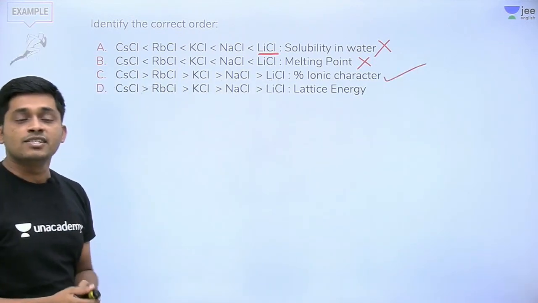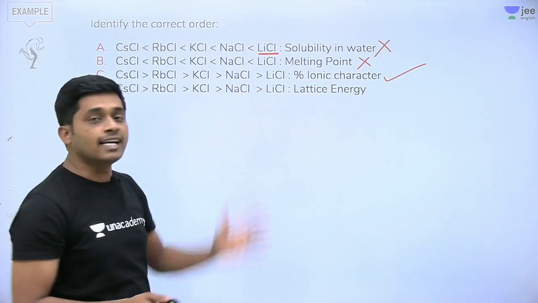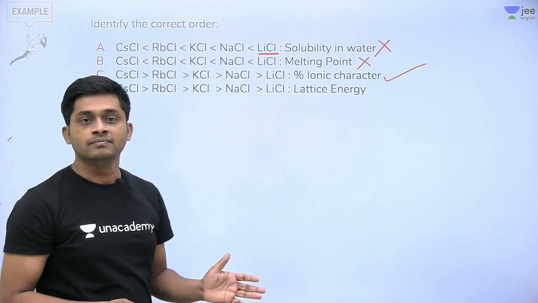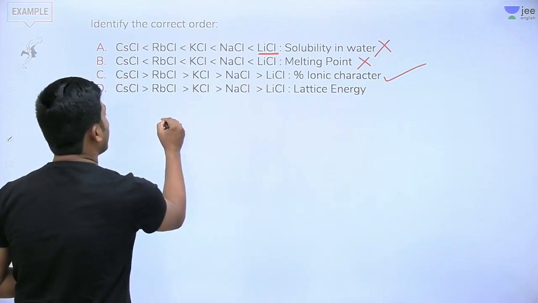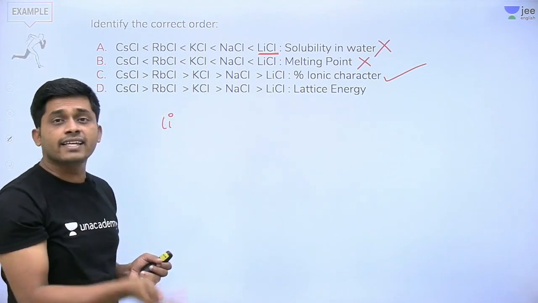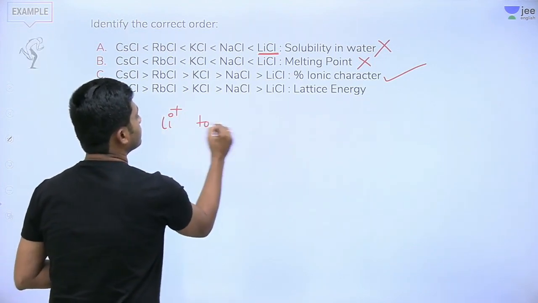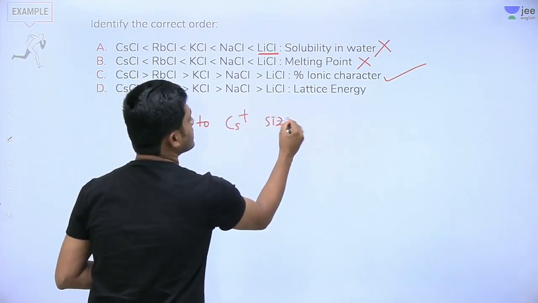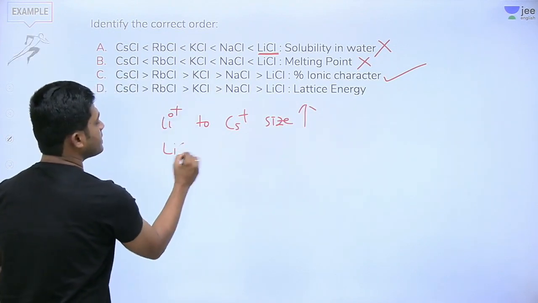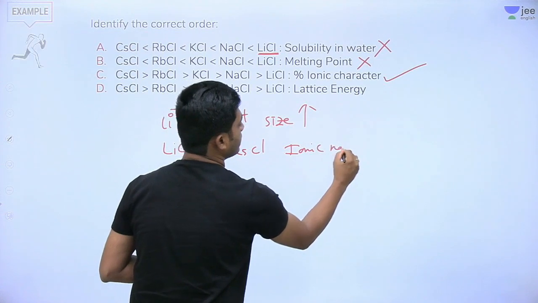Lattice energy: small size ions form a strong lattice. LiCl should be strong. Correct. So from Li plus to Cs plus, cation size increases, so ionic nature increases. Size increases, so from LiCl to CsCl, ionic nature increases.